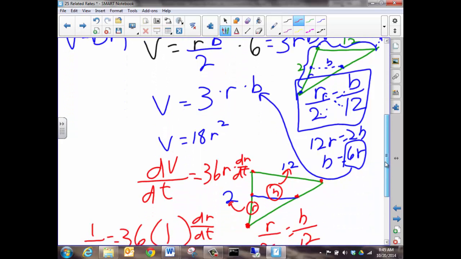This example here, dV/dt equals 36R dR/dt, describes the water level in this from once we get water in the pool all the way up to 2 feet. Why does it not describe it when we put the first drop of water in there? What's different when I'm putting the first drop of water in? R is 0, yeah, but something else.